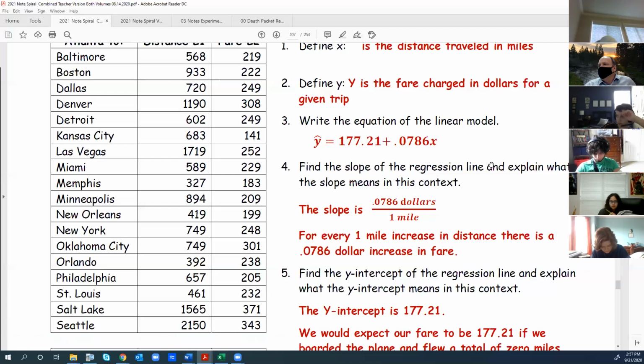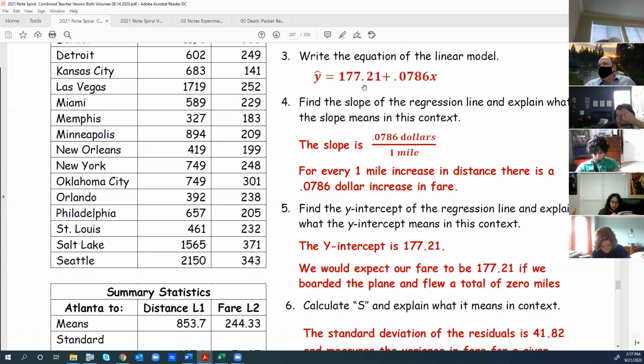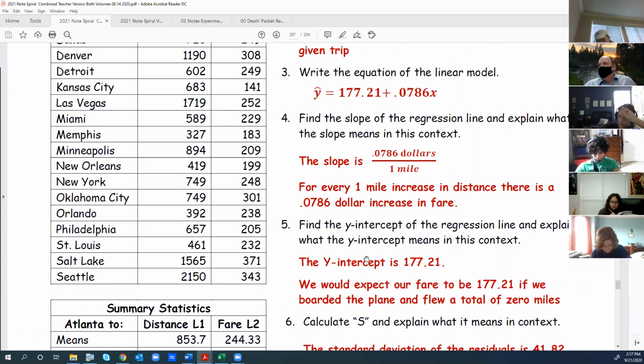All right. Then it says find the y-intercept. Well, we already did that. And the y-intercept is 177.21. And now we need to define it in context. Sometimes it makes sense in context, other times not so much. This is probably a not so much case. But it basically means if I were to step on that airplane, I would expect to have to pay $177.21 to step on that airplane and fly nowhere.